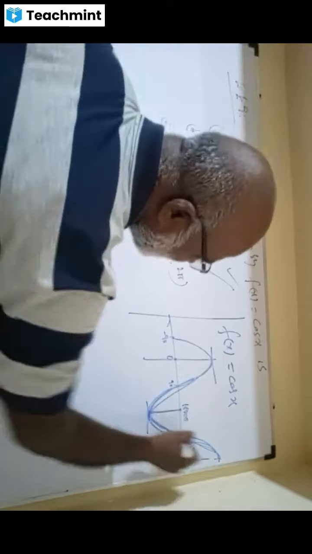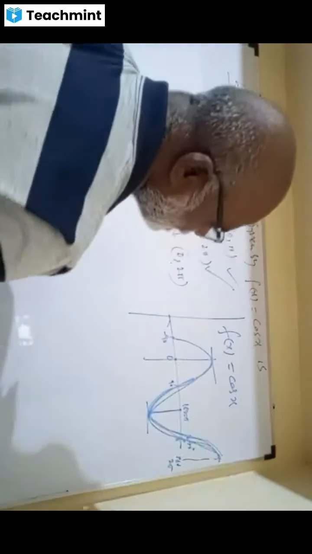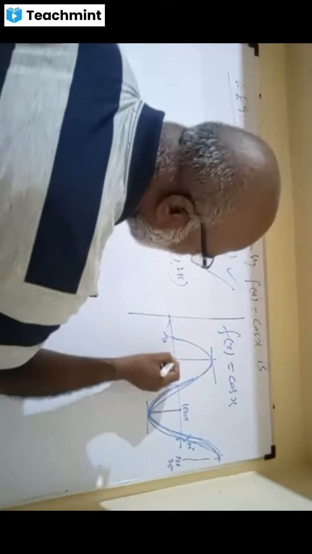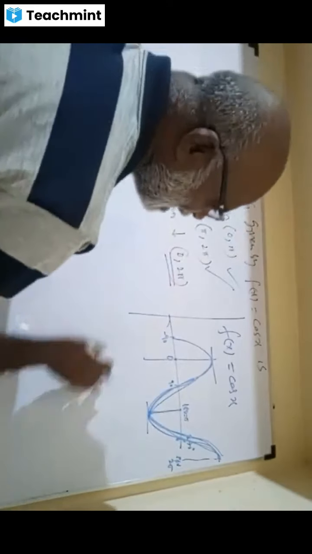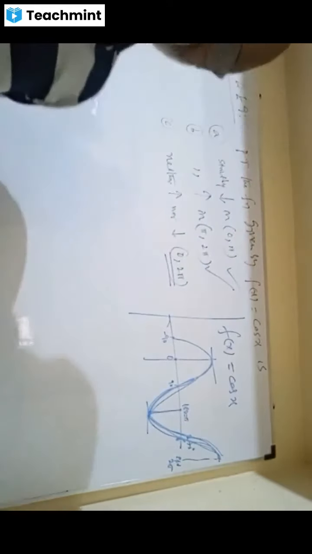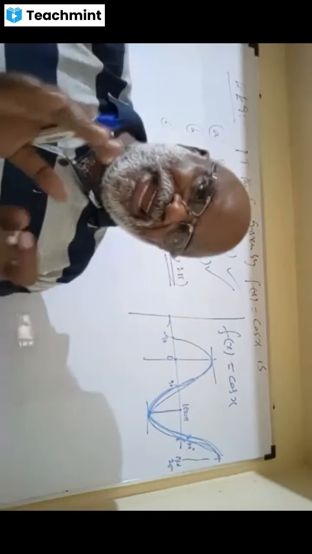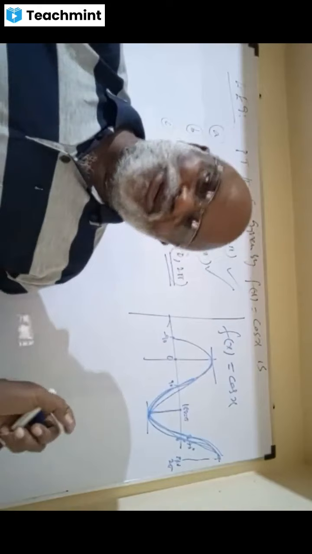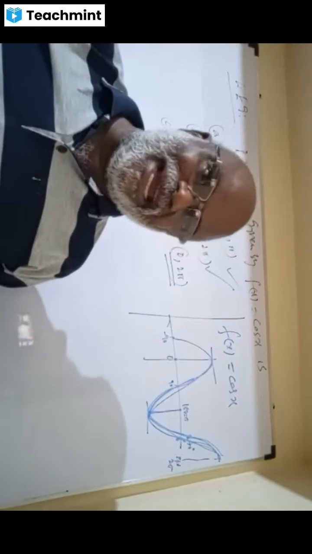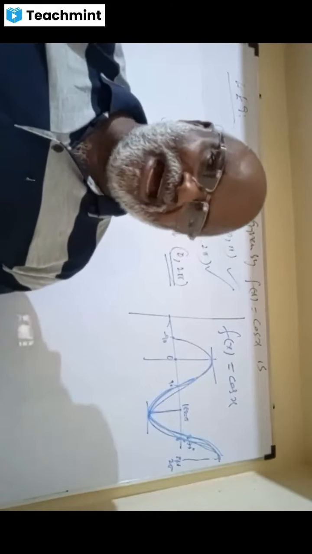From 180 it is increasing up to 360. But if you take overall 0 to 360 or 0 to 2 pi, you can't claim that it's increasing from 0 to 2 pi altogether. That's why it is neither increasing nor decreasing.